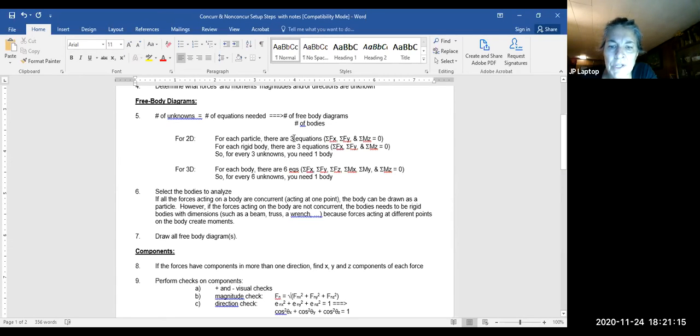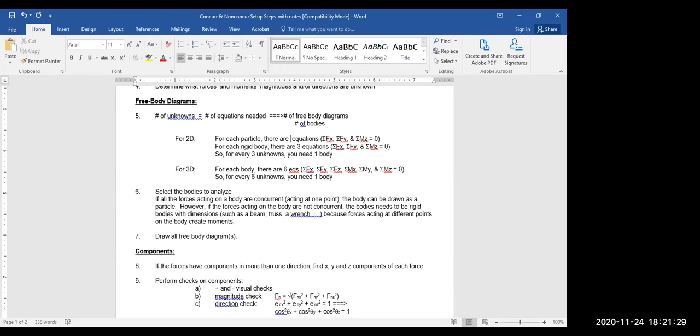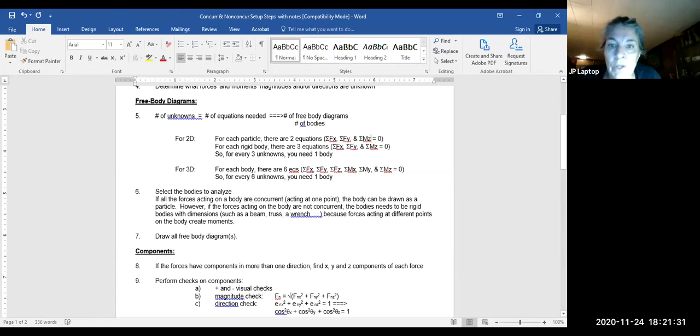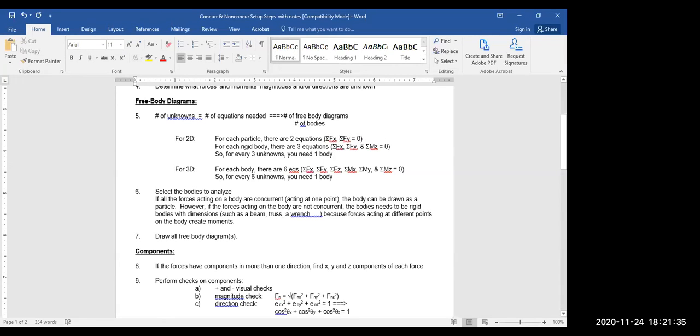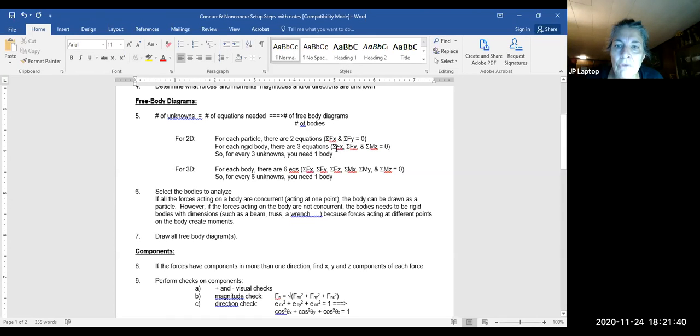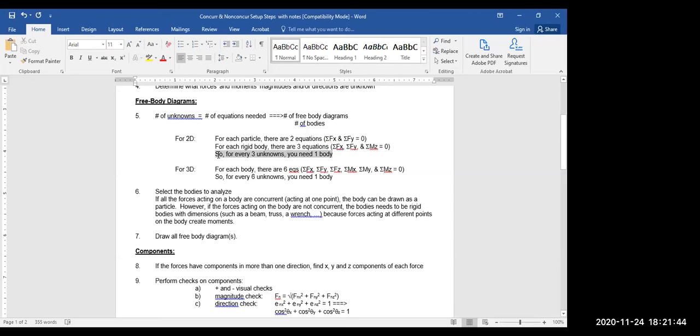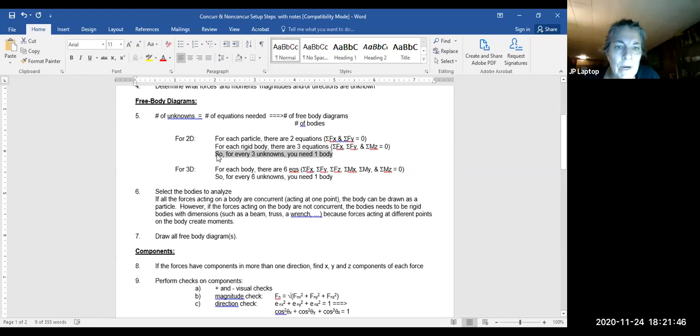Do you have 3 equations? No, you only have 2 equations. Thank you. But for a rigid body, there are 3 equations, right? Yes. So let's move this up here.